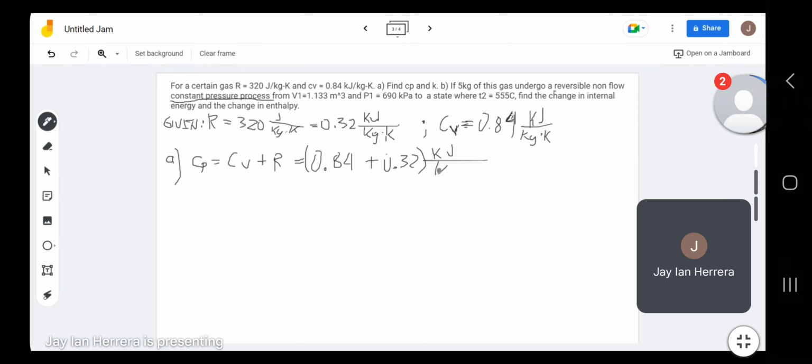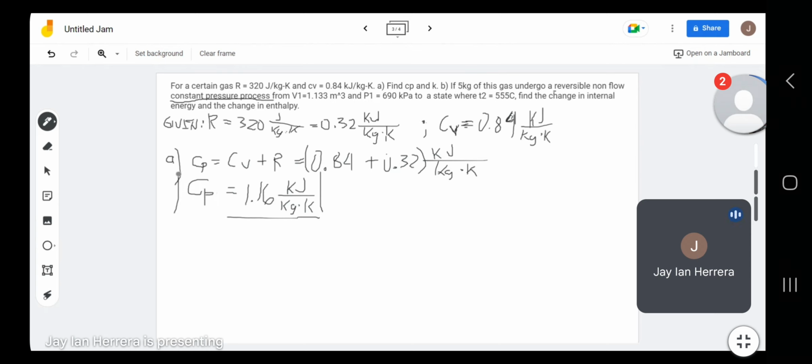Kilojoule per kilogram Kelvin ang ating unit. So, ilan yan? That is 1.16 pala. Walang nag-disagree, so tama. Kilojoule per kilogram Kelvin. Meron tayong Cp.